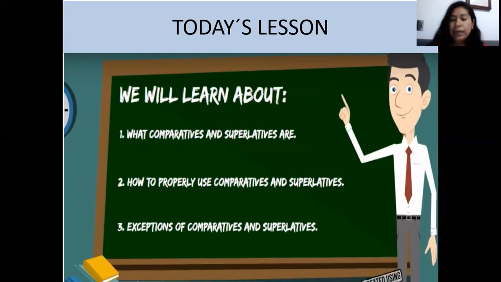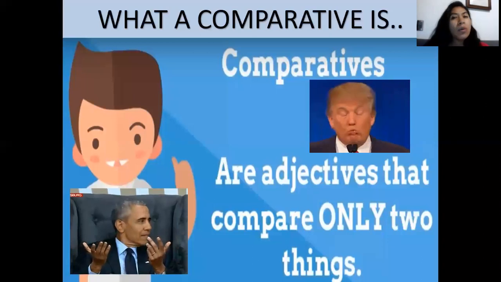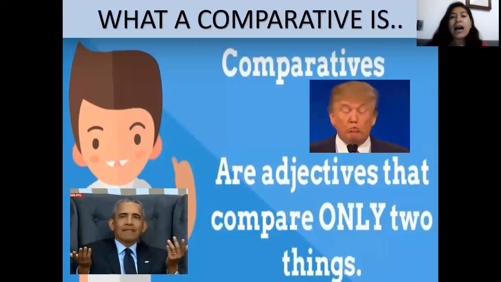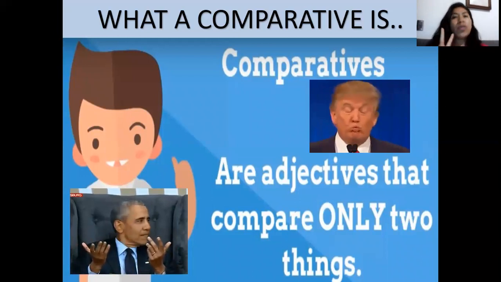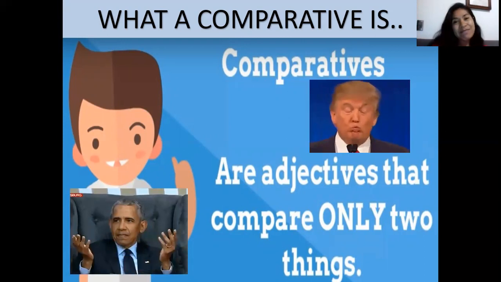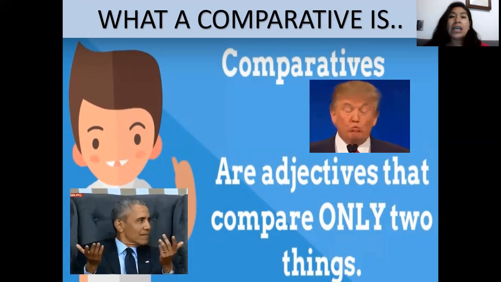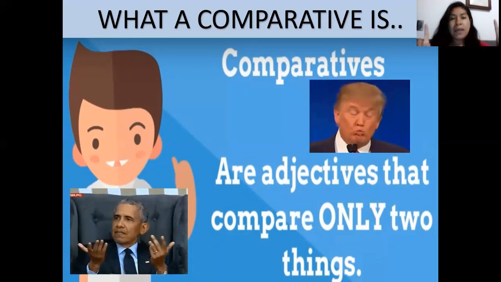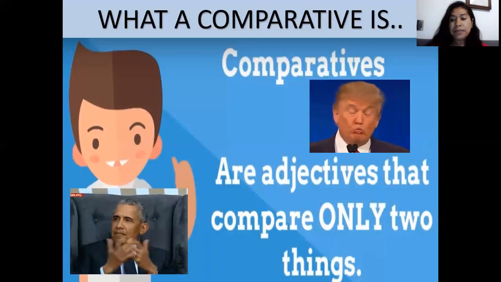But by the way, what is a comparative? Well, comparatives are adjectives that compare only two things. It's like comparing Obama and Trump. It's like A versus B. So when you make a comparison, you have two objects, A and B, and we compare or contrast these two points.